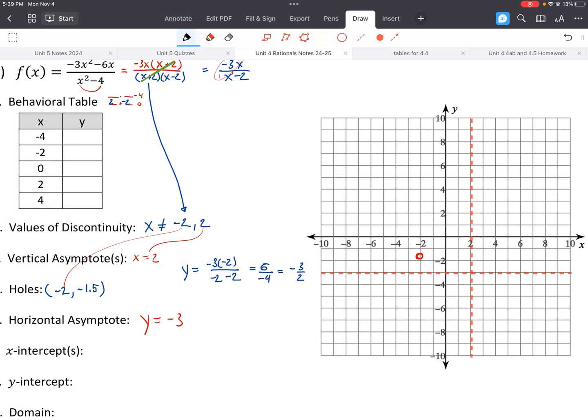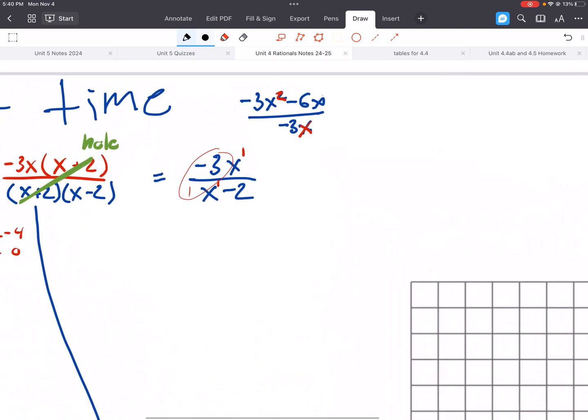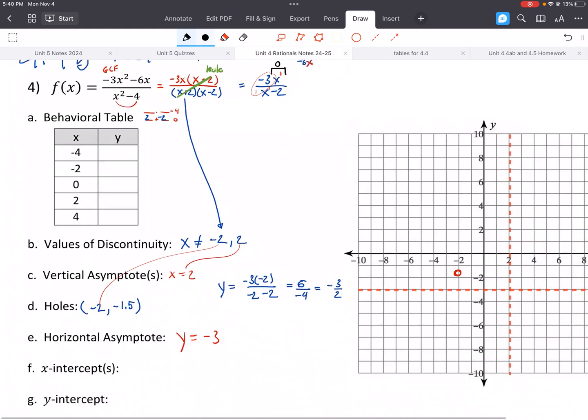X-intercepts, again, you want to look at the simplified function because the hole isn't ever going to give us an x-intercept. So if we look at this, what makes this 0? It would have to be 0. So x equals 0, (0, 0).